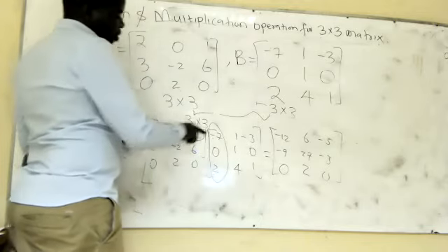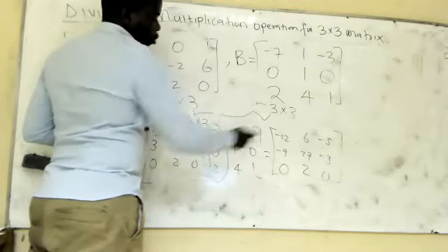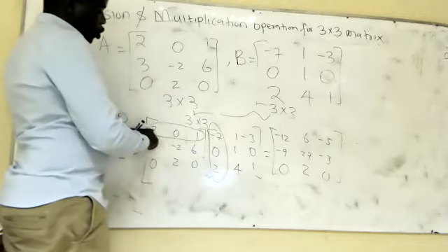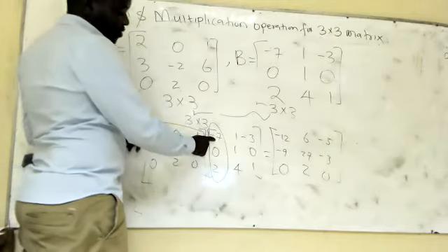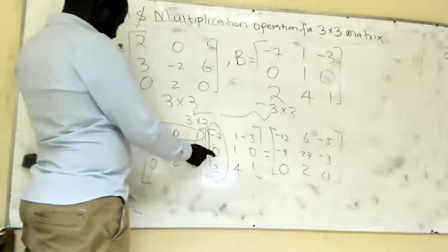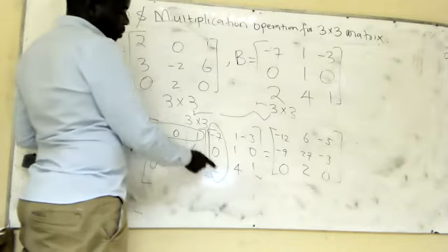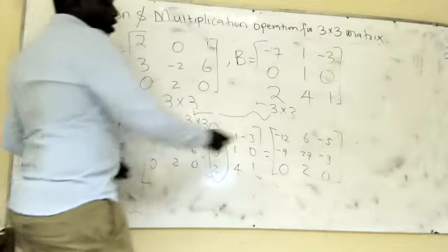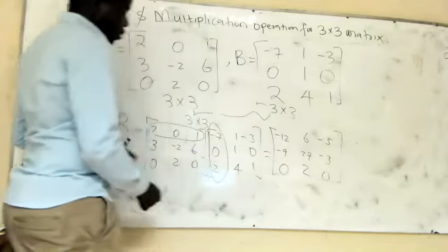If you multiply first row and first column, you will get -12. So you say 2 times -7, which is -14. 0 multiplied by 0 is 0. And then 1 multiplied by 2 is 2. You add them together, and they give you -12, the one we are looking for.